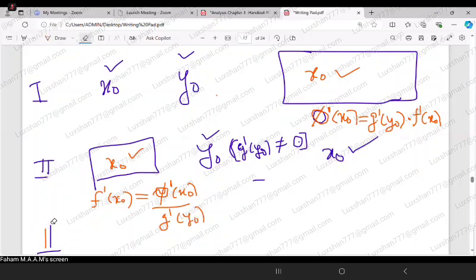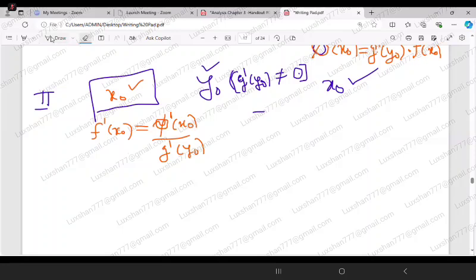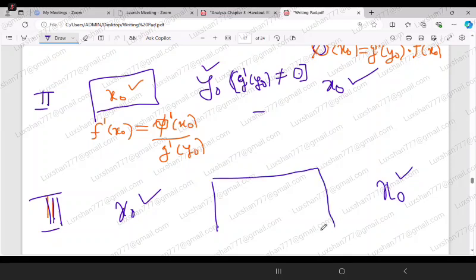Third situation we are going to talk about is this one is differentiable at x naught. This one is also differentiable at x naught. Now we are going to talk about the third function.